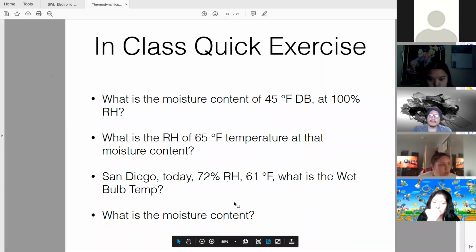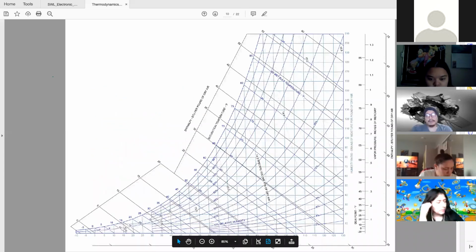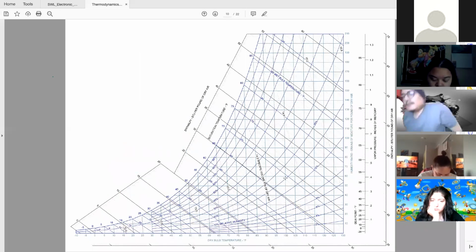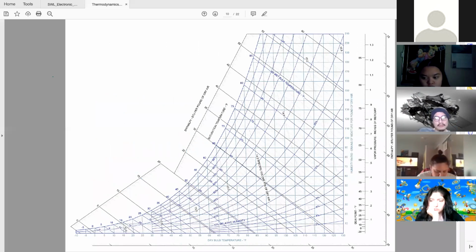Okay, moisture content at what we are today. So today, where we were, 61 at 72, 55 degree wet bulb, we're at about 55 grains of moisture per pound of dry air.